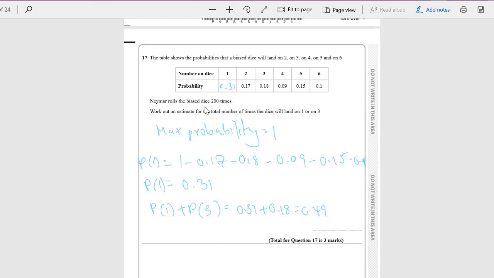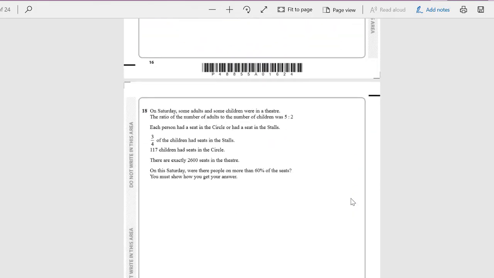It's rolled 200 times. So 200 times 0.49 gives us 98. So that's the probability, that's the amount of rolls we've had. The estimated total number of times dice will land on 1 or 3 is 98 out of 200.